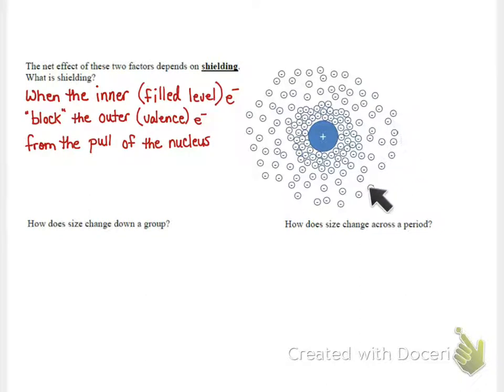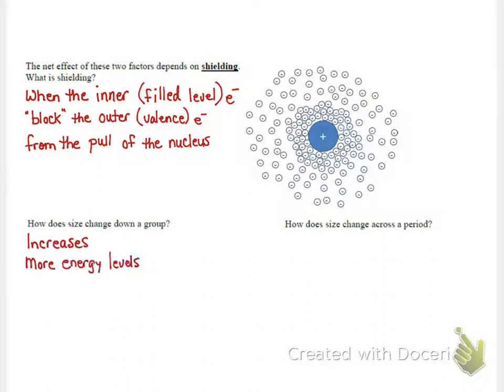So these electrons on the outside are pulled by the nucleus, but these inner electrons are in the way. They're blocking the force of the nucleus. So we say that these inner electrons are shielding. And the amount of shielding is based on the number of closed up or filled electron levels that you have in an atom.